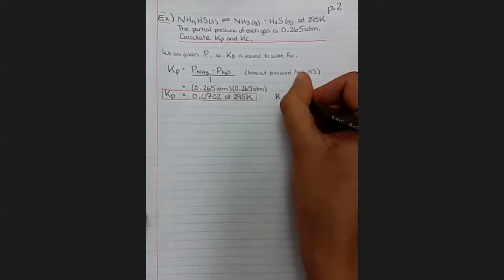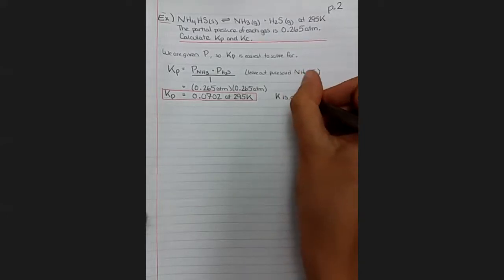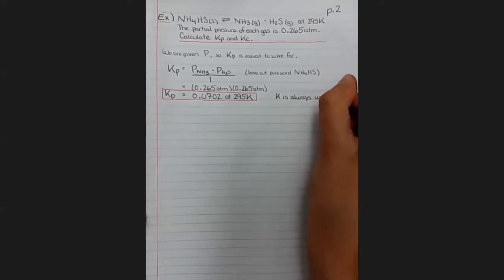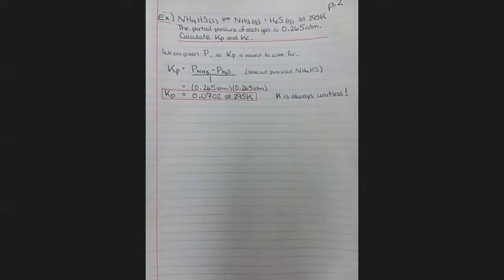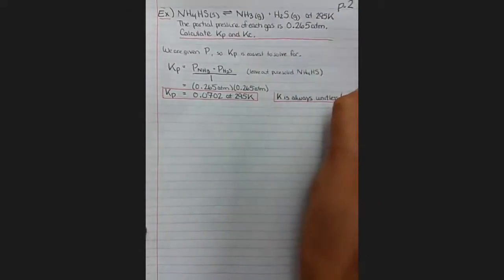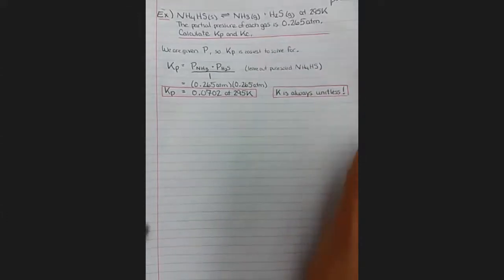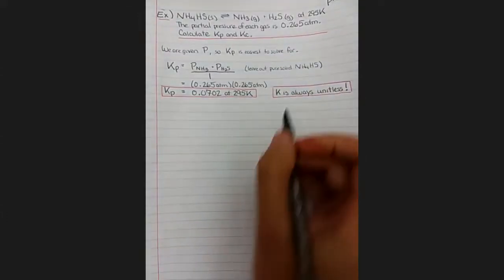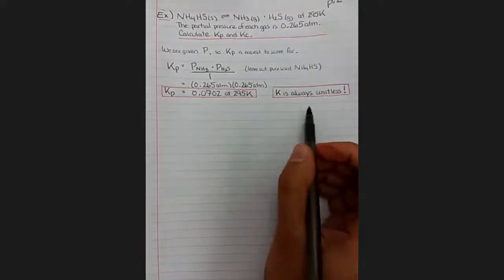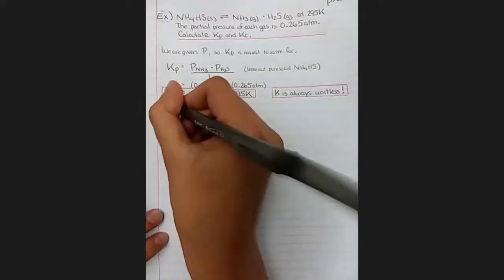But the real value of K with activity is unitless. It doesn't have a unit in it. And even though we're technically doing an approximation by using the pressure or the concentration, we'll honor the real way of doing it and report it without a unit. So your Kp and your Kc do not have a unit.